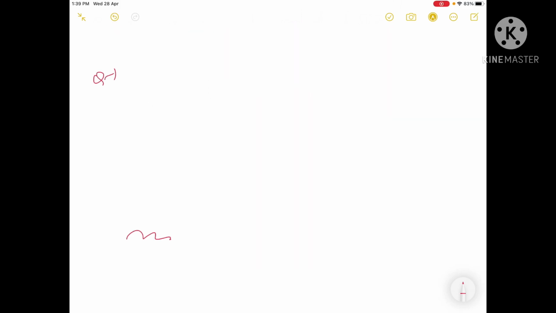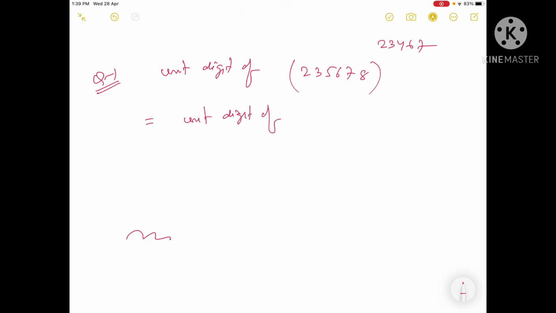Let us consider one more question. Suppose I have to find the unit digit of 235678 to the power 23467. We follow the same procedure. This is nothing but the unit digit of 8 to the power 23467. The cyclicity of 8 is equal to 4, as we discussed earlier.